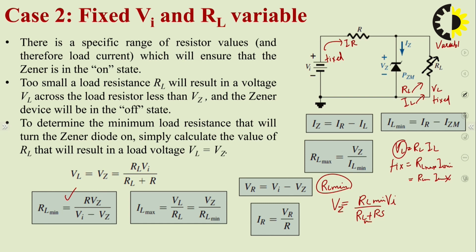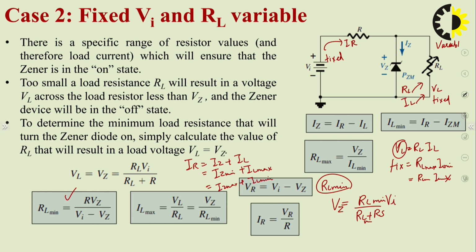And now RL max. Now we can find the different equations also. From the circuit we can see IR is equal to IZ plus IL. So if it is IL max, here it will be IZ minimum, and if it is IZ max, it will be IL minimum.